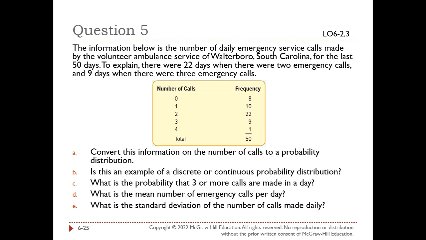So again, we get to have some fun. Convert the information on the number of calls to a probability distribution. Is this an example of a discrete or continuous probability distribution? We already know that's going to be discrete. And then we're going to solve for the others as we go.